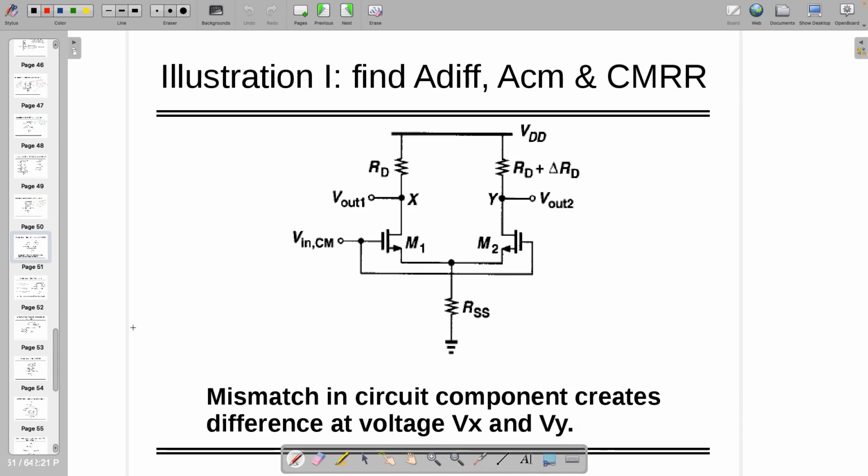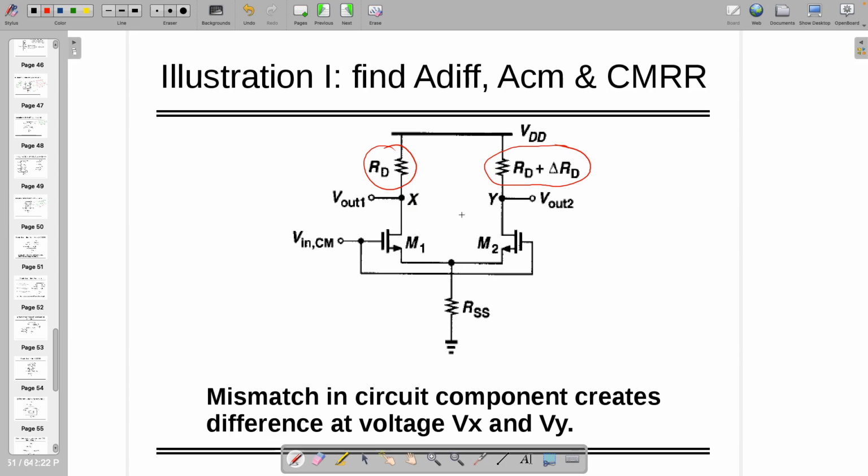I'm leaving this to you. Sometimes a mismatch will be there, like here it's RD and the other side is RD plus delta RD. Then you can find out the separate gain on both sides and subtract them if required.